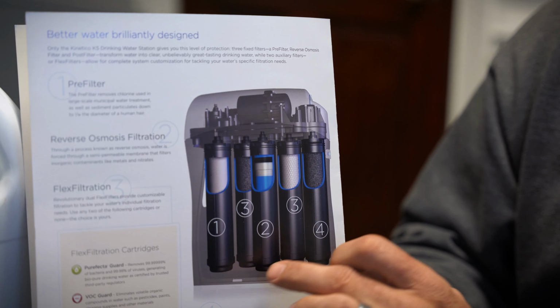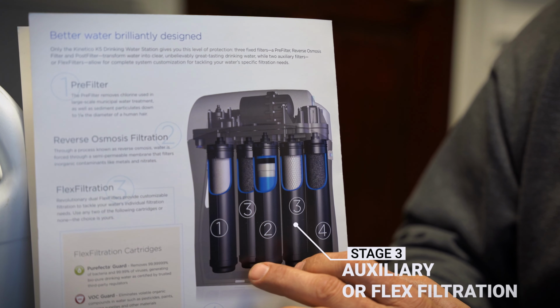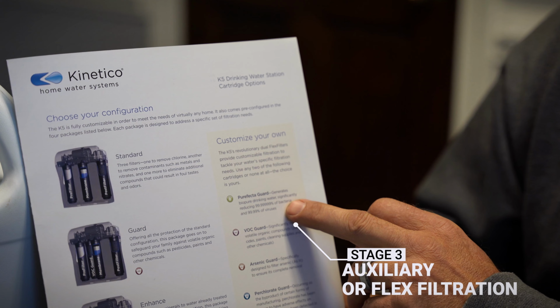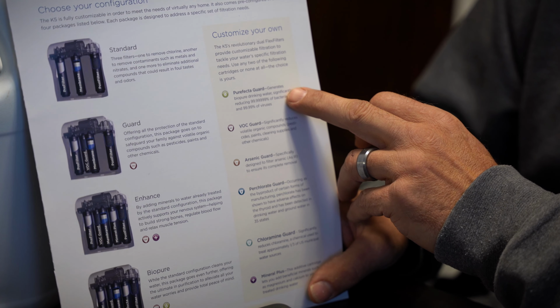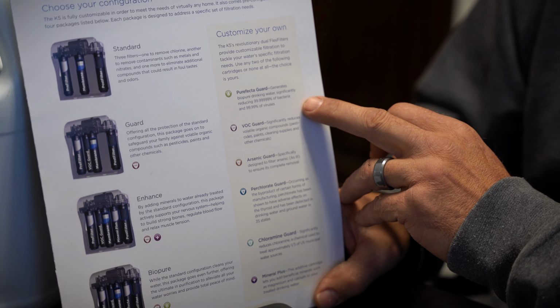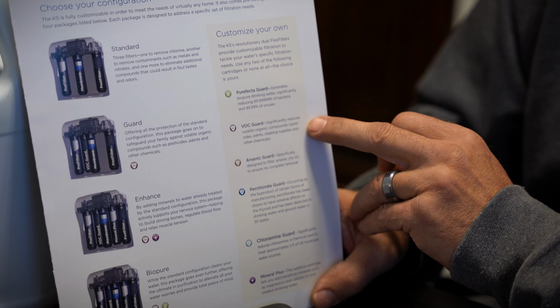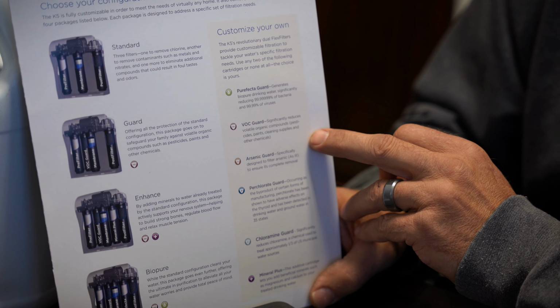And then we have auxiliary filters. We call these our flex filters. And we've got many different options for those. We've got the Purified, which basically captures any pathogens that may be in the water that may have escaped through something. We've got the VOC guard, which is specifically targeted towards organic compounds like pesticides, paints, cleaning supplies, other things like that.